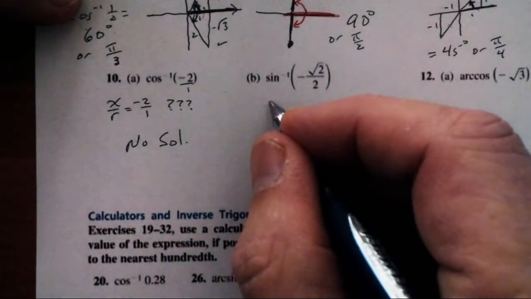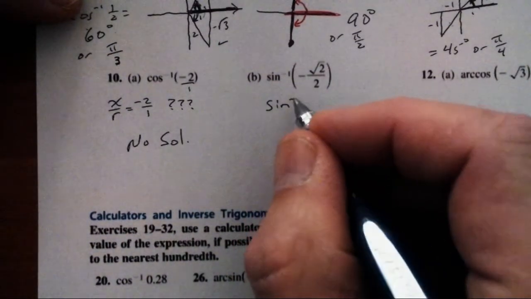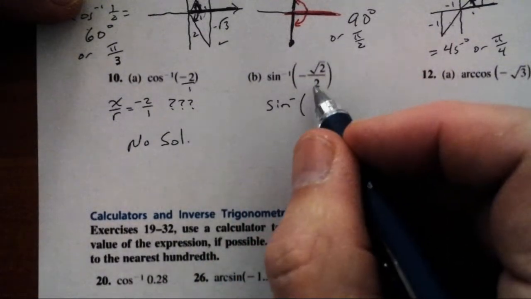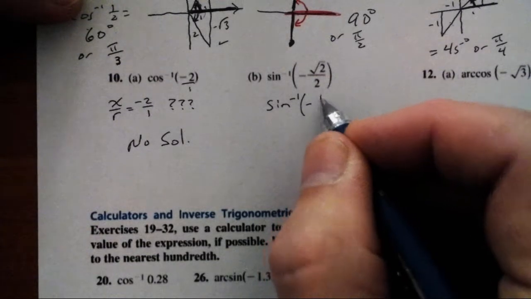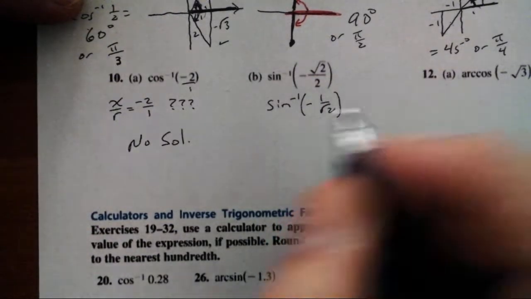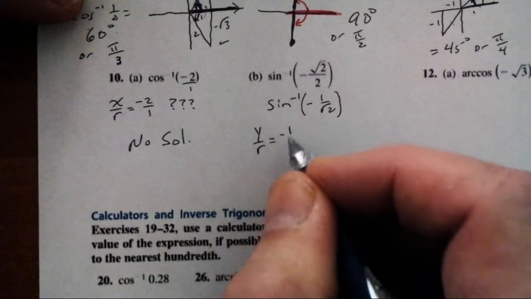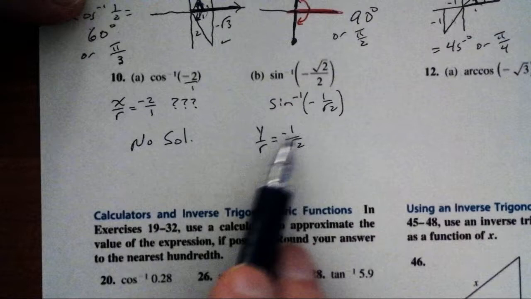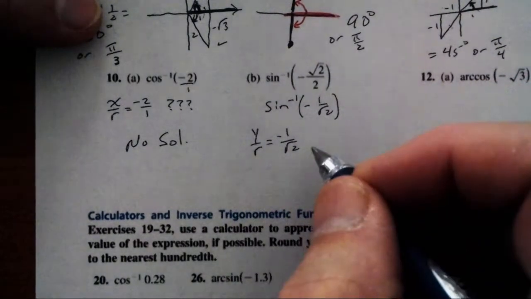Okay, I believe by the time you're looking at this video, if you're at this level of trigonometry, we could recognize perhaps this guy has been rationalized. This would be negative 1 on square root of 2. So we want a y on r ratio to be negative 1 on square root of 2. You can work with it this way, but I recognize this as a 45-45-90 right triangle.